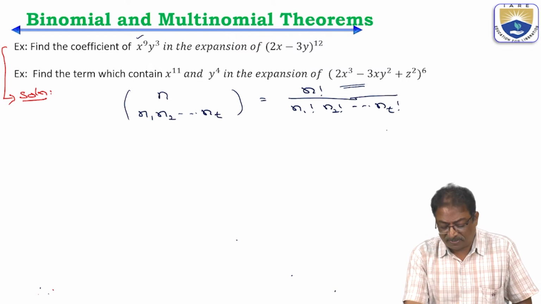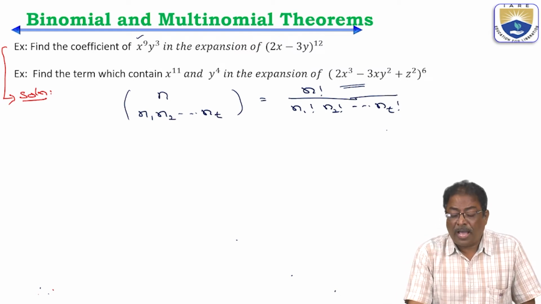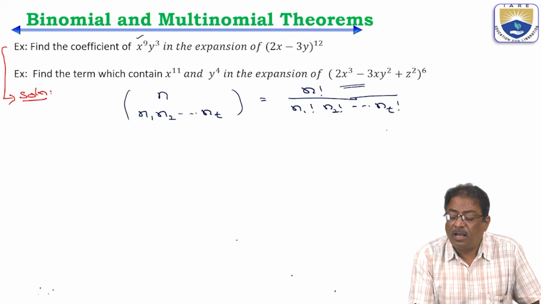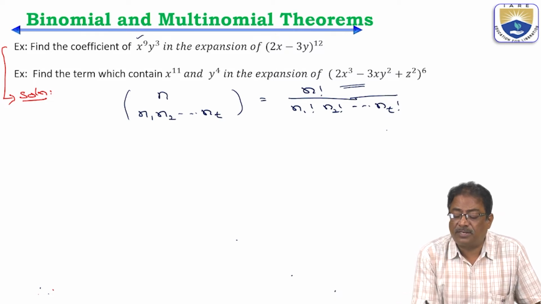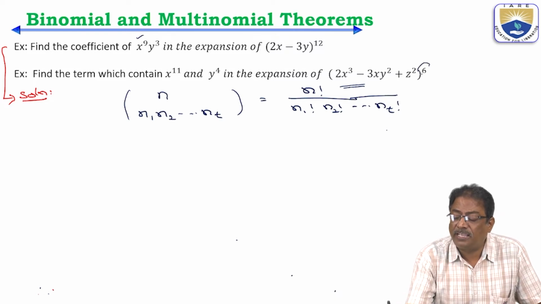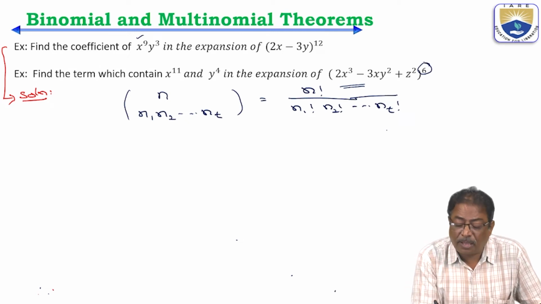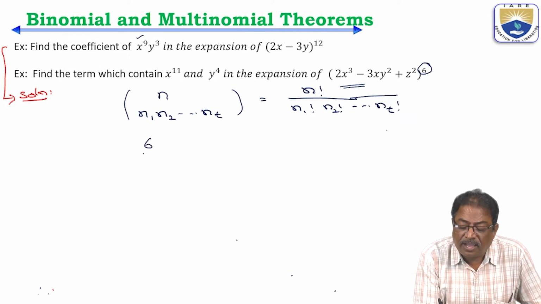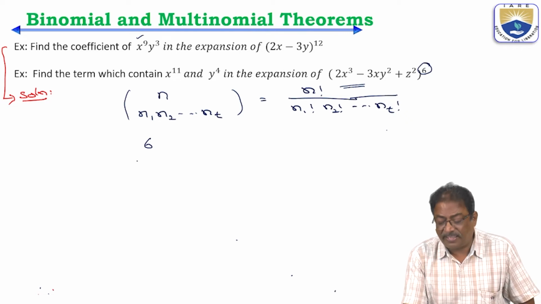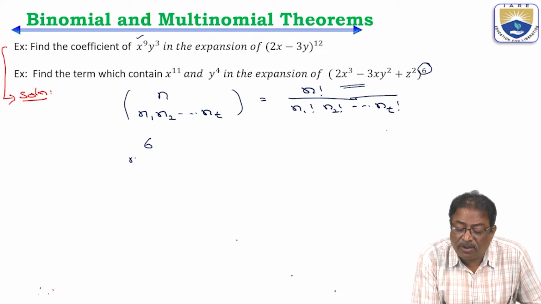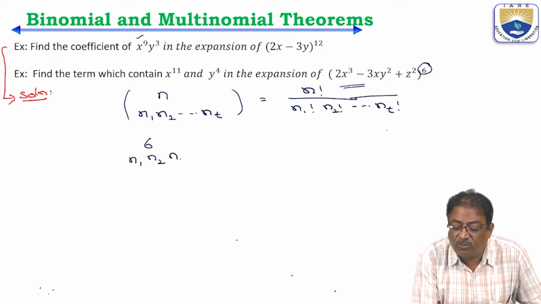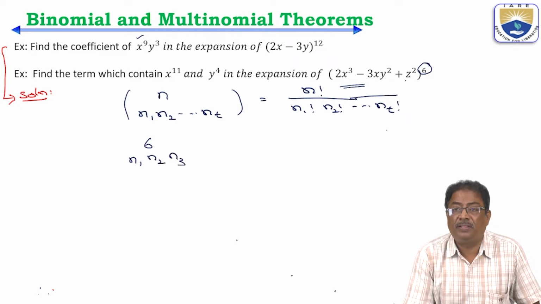The alternate form of this is this. Now, how many terms are there? Only 3 terms are there. So n is equal to 6. So I am going to write 6 and n1. We don't know n1, n2, and n3. 3 terms will be there.